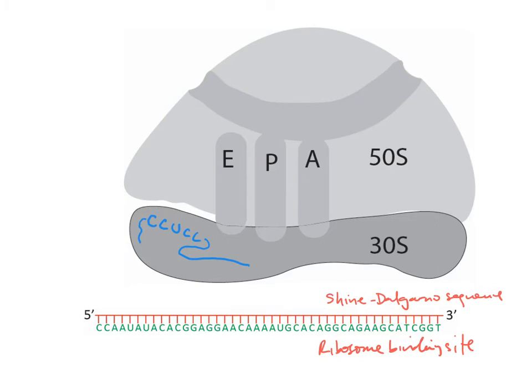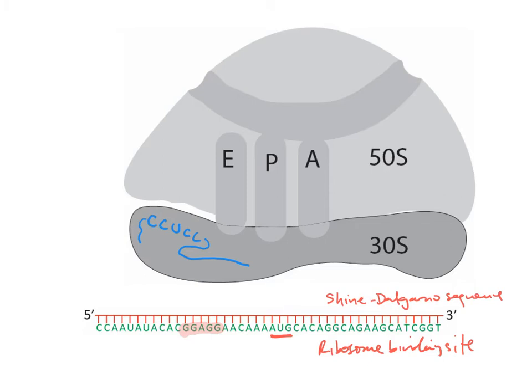That ribosome binding site normally is something like GGAGG. And we can see that sequence here. So this is the ribosome binding site, and this is where the ribosome is going to dock. And we'll see that that sequence is actually just upstream of the start codon that the ribosome will want to begin translation from.